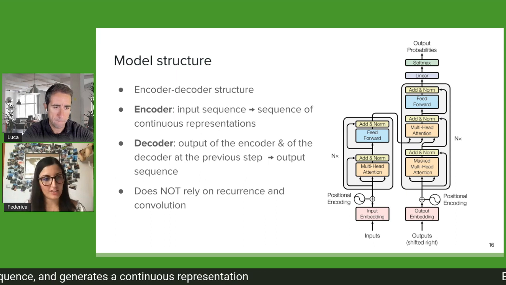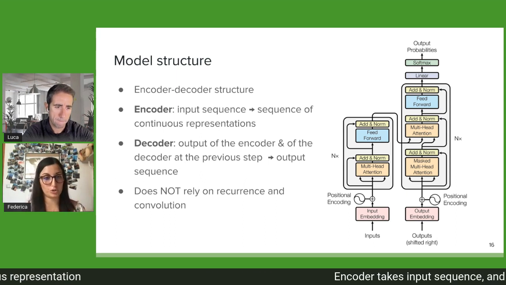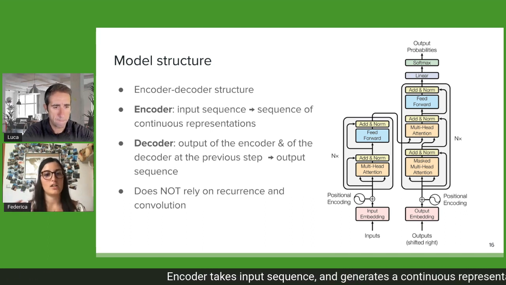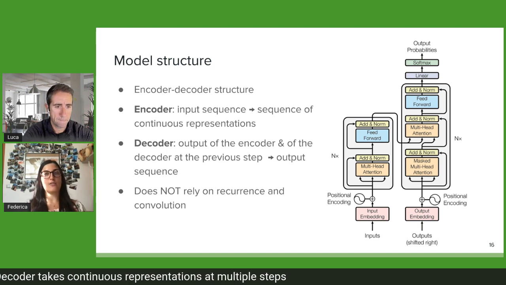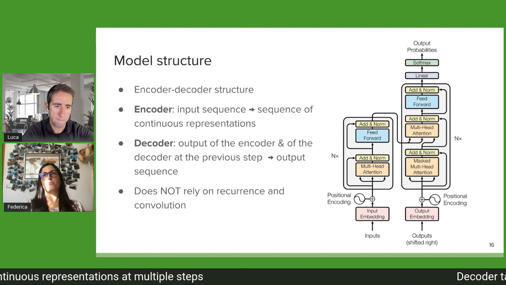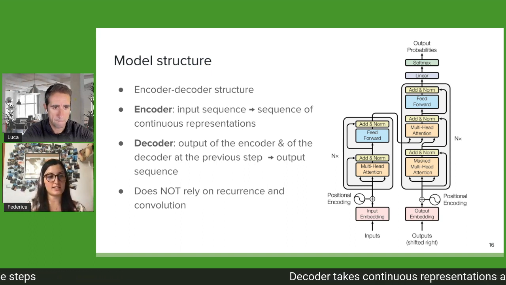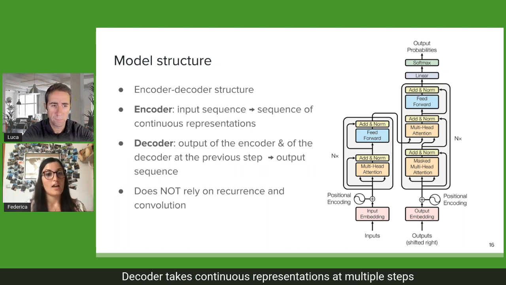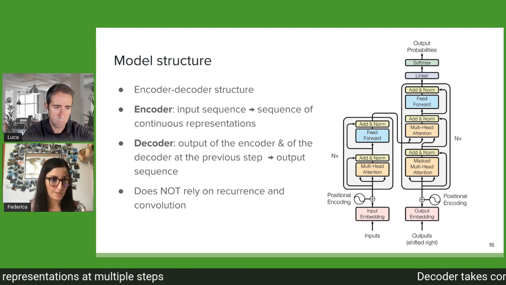And the most important thing is that we do not rely on recurrence and on convolution. And this is why this model is so quick. Also, it has been proven that if we use sequences that are very large, the time that is needed to process them doesn't change.